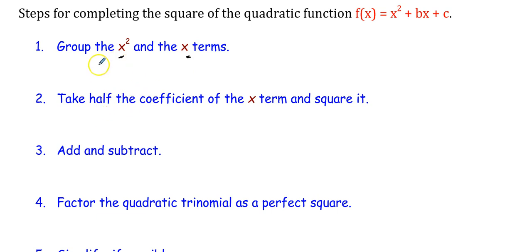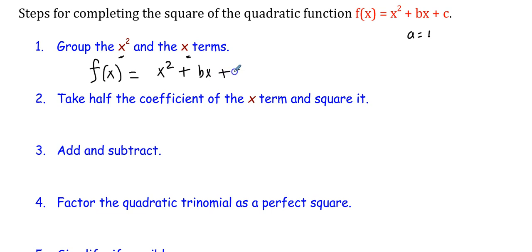So f(x) equals x squared plus bx plus c. In this case, a is 1. No numerical value of a is given to us, so we just take a equal to 1.